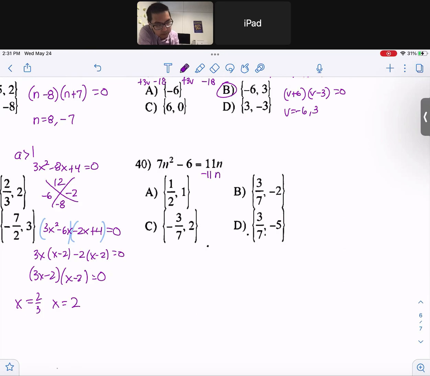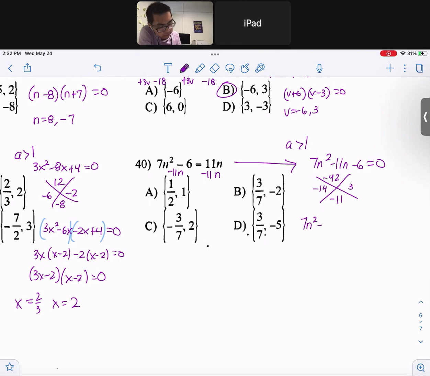So we're going to subtract negative 11n to go there, set it equal to 0. So 7n squared minus 11n minus 6 equals 0. Again, a is greater than 1, so this is going to be x method and grouping. So 7 times negative 6 is negative 42. The middle term's negative 11. The two numbers that multiply to negative 42 but when added are negative 11 are negative 14 and 3.